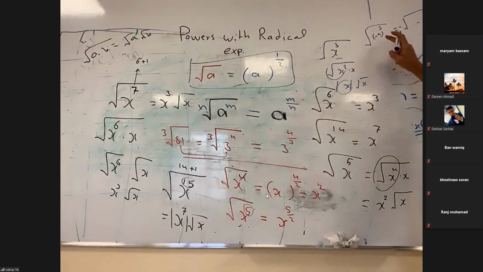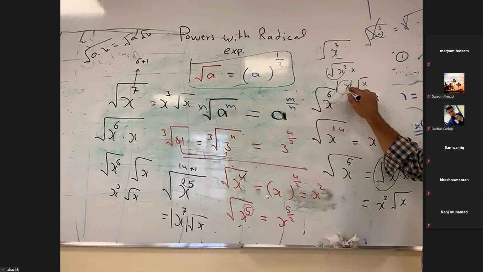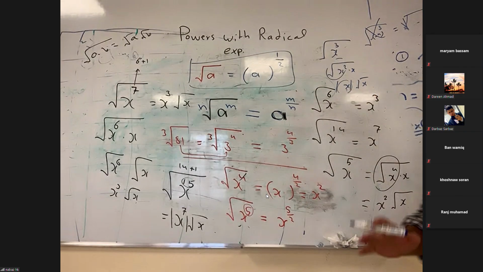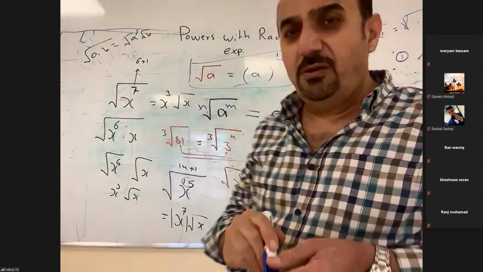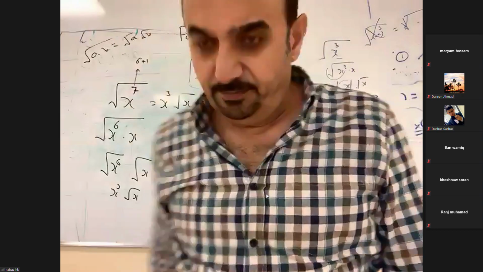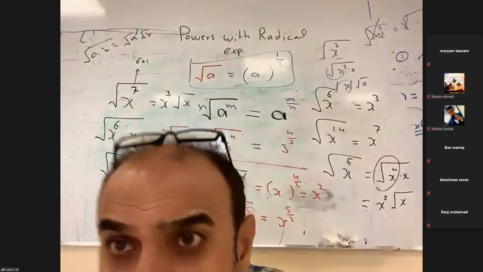Yes, it's not a real number. But I mean when you put x here in this one, it's never negative. You can put the absolute value, but it's not necessary for you. Okay, now? Yeah. Goodbye.